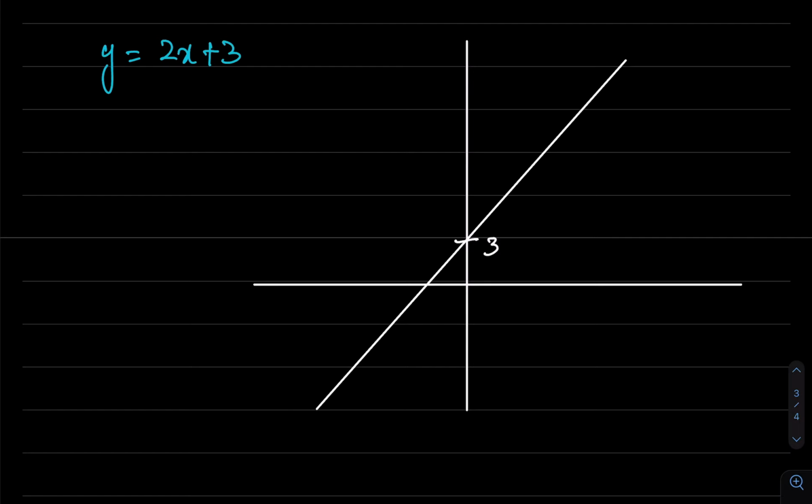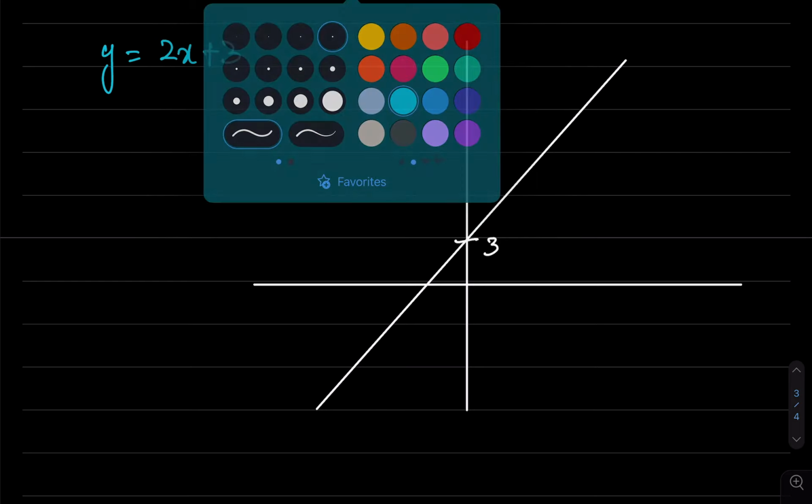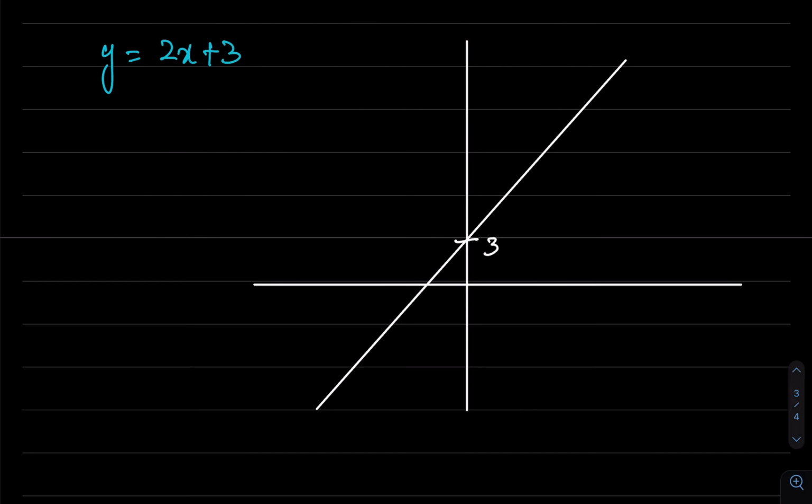You guys don't need to understand why that is 3. We'll learn all of that in coordinate geometry, in ADMATS, and in AS level as well, and you might have studied it in your O levels. Why did I make this graph? The reason was to make you guys able to identify if some equation is actually a function or not.